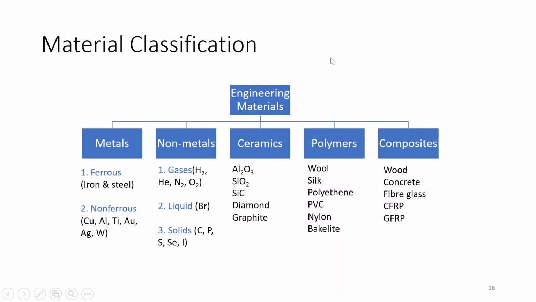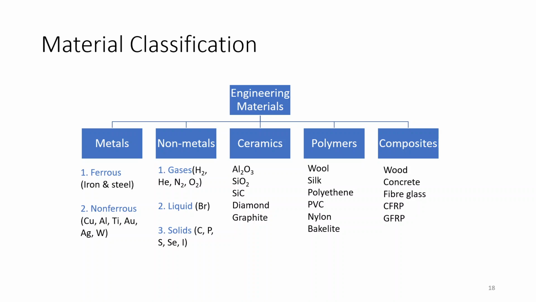Then material classification. So engineering materials can be classified into 5 big classes. Metals, in which you'll be again having subcategories such as ferrous and non-ferrous. In case of ferrous, these will be iron based materials. So iron, steel and cast irons. In case of non-ferrous, we'll be having other metals other than iron.